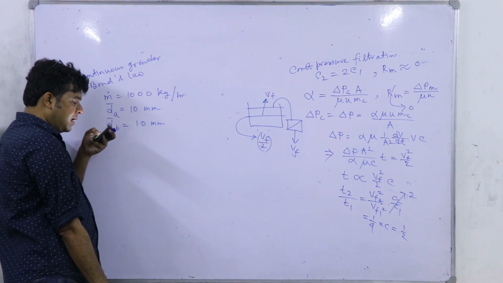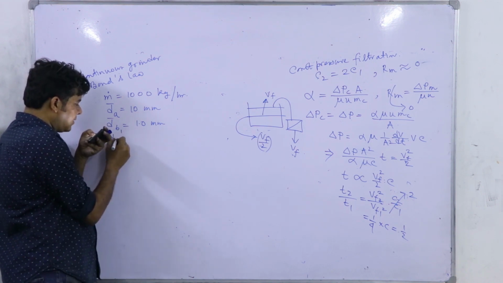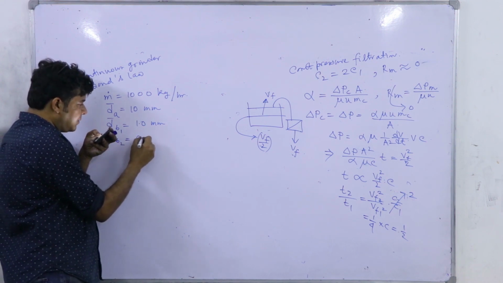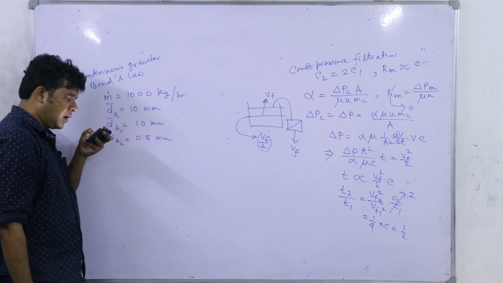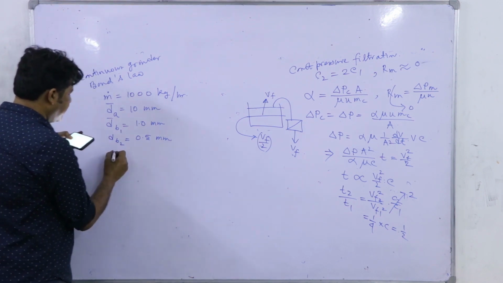If the market now demands a particle size of 0.5 millimeter, the output rate of the grinder for the same power input will be reduced to.